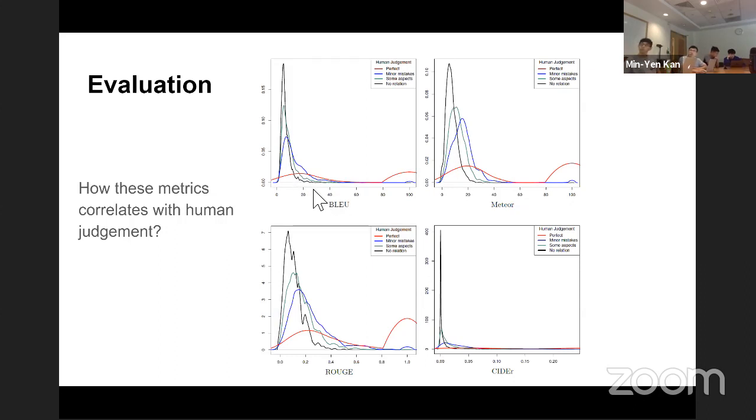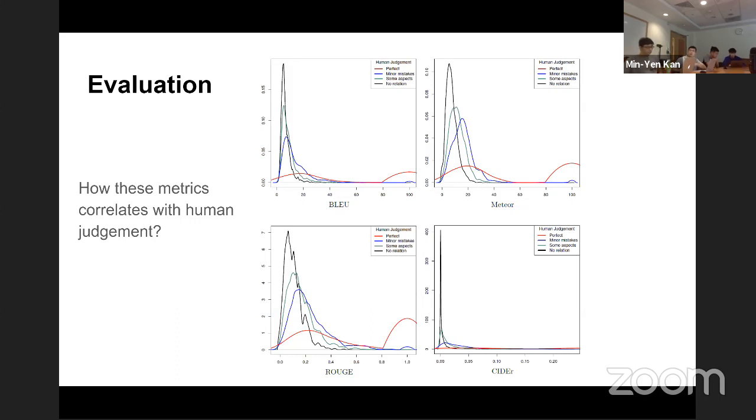This means that, for example, when BLEU is very low, there is a very high probability that the human also thinks the caption is bad. And when BLEU is high, it is less likely that a human will think it is bad.